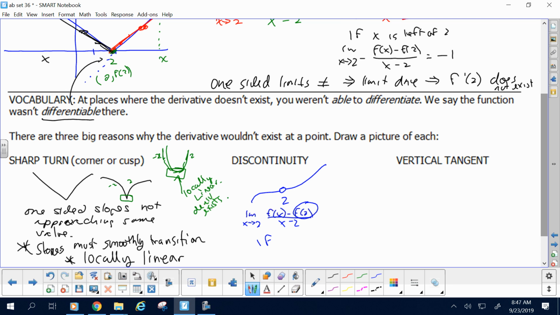If a point doesn't exist, you can't find the derivative there. That goes obviously for asymptotes as well. You can't find a slope at a point that doesn't even exist. That stands to reason.